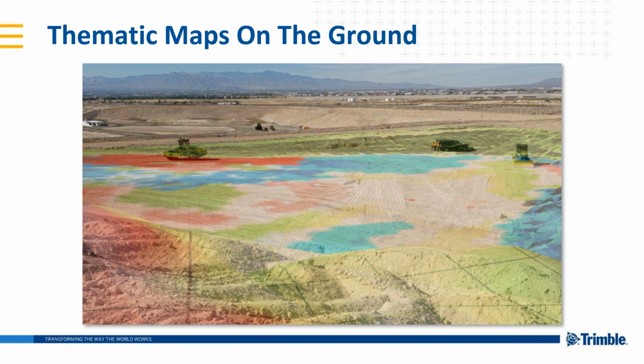So there's less and less visual information actually on the site to indicate how much work remains as the models are loaded directly into the machinery. So something like SiteVision using a thematic map like this that shows the different cut and fill values in the form of a heat map can really give the site supervisor a good idea of what work remains.